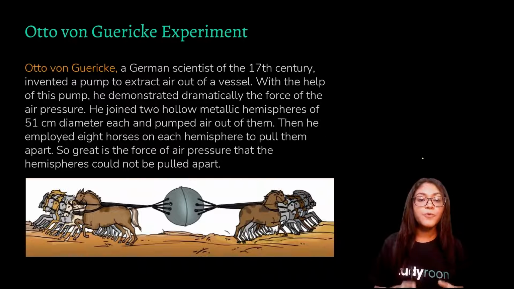So great is the force of air pressure that the hemispheres could not be pulled apart, even after employing 8 horses on each side. So can you imagine how huge the force of air pressure must be?